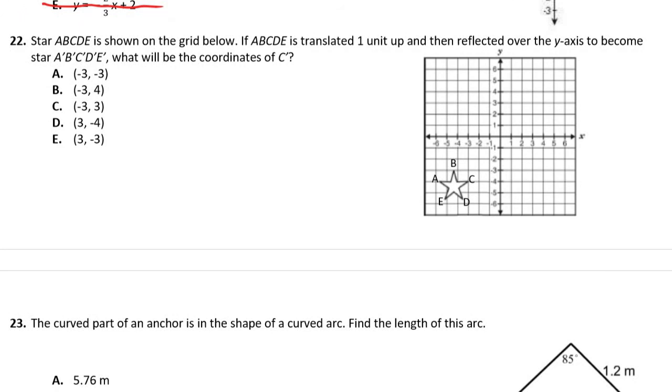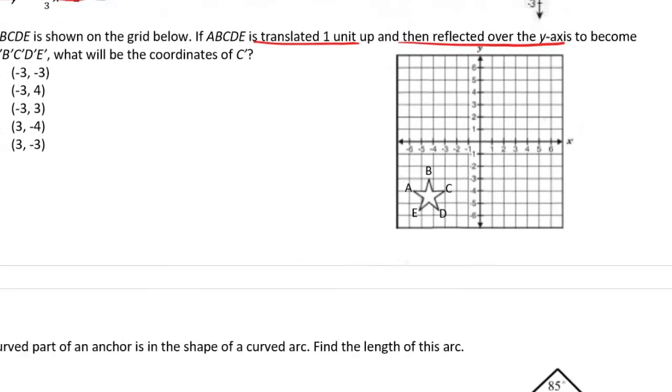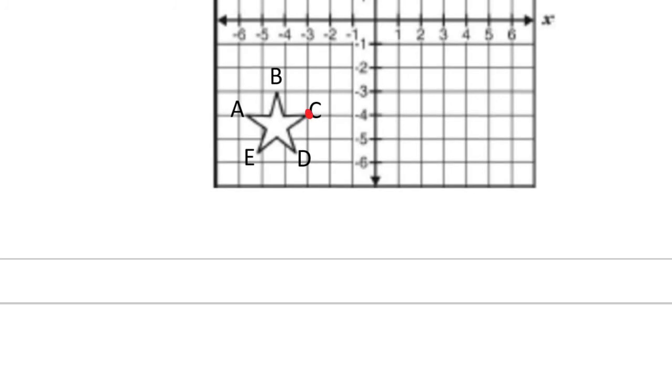The star was translated 1 unit up and then reflected over the y-axis. I zoom in. I pick point C. Here's point C. 1 unit up, we land over here. Reflection over the y-axis. This is the y-axis. That means it's going to go to the other side. 1, 2, 3 to get to the mirror, and then 1, 2, 3 to get to the other side.